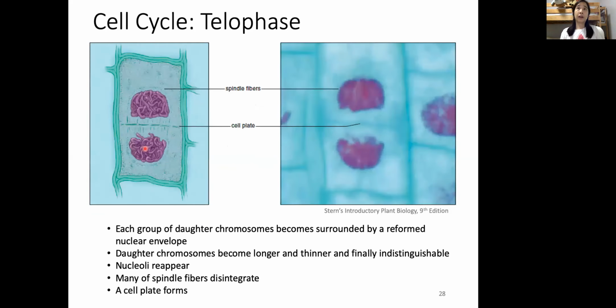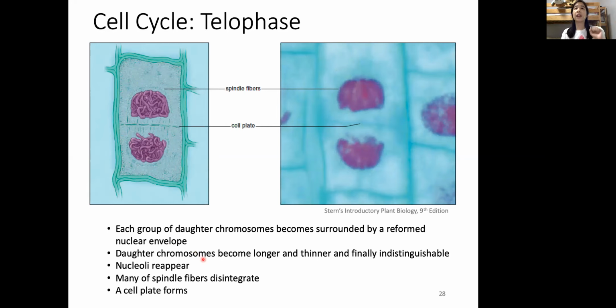The last phase of mitosis is telophase. Each group of daughter chromosomes becomes surrounded, and the nuclear envelope is reformed again. The daughter chromosome, or in the last slide we call it sister chromatid. Later, each sister chromatid doubles itself to become a new chromosome.